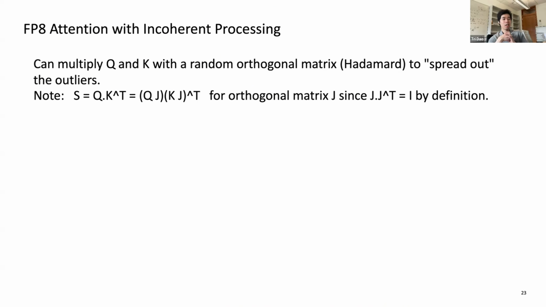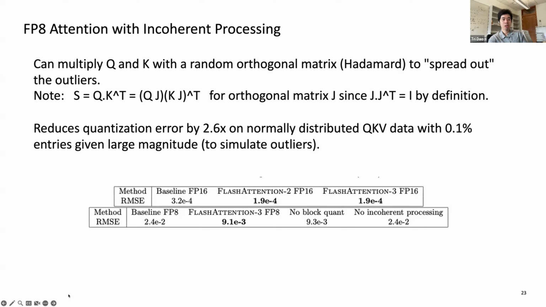As you rotate, in the new coordinates, the values are a weighted combination of the old values, so the outliers get spread out, and as a result, you can reduce the numerical error quite a bit. Here we're comparing numerical error: with incoherent processing it is about 2 to 3x smaller compared to no incoherent processing.